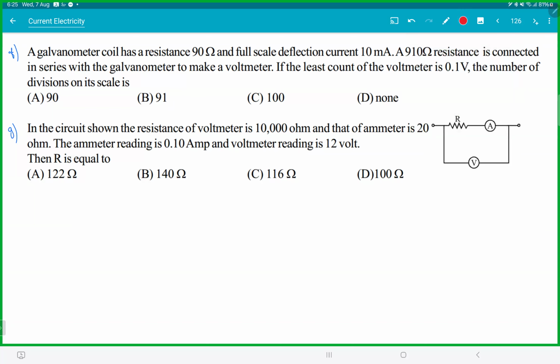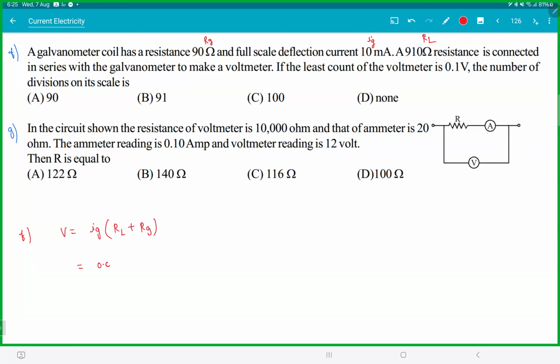So that is Rg. Full scale deflection 10 milliamperes. That is Ig. 910 ohms is connected in series with the galvanometer to make a voltmeter. This is R large. If the least count of the voltmeter is 0.1, matlab the smallest you can measure is 0.1. So for the F question, voltmeter is Ig into R large plus Rg.